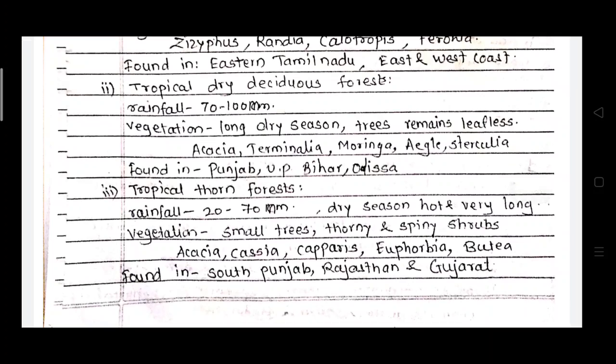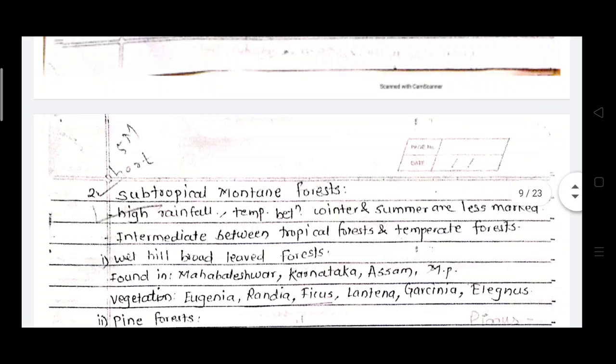The plants which are present in the tropical thorn forest are acacia, cassia, capparis, euphorbia, butea. Mostly in South Punjab, Rajasthan and Gujarat states, these tropical thorn forests are present.